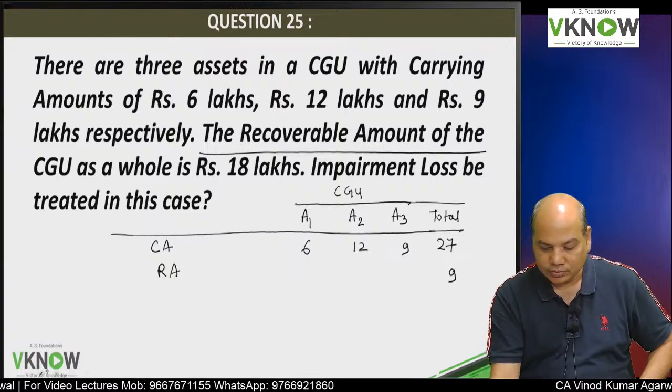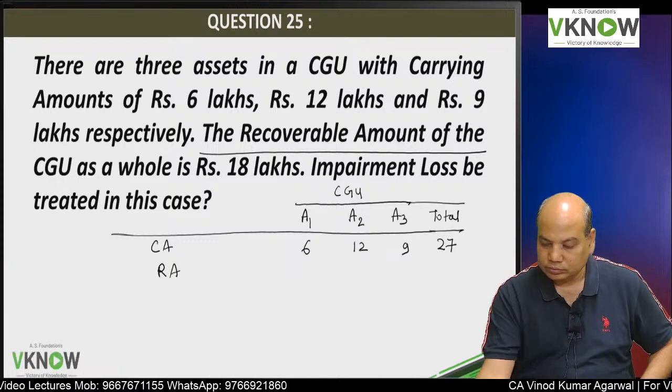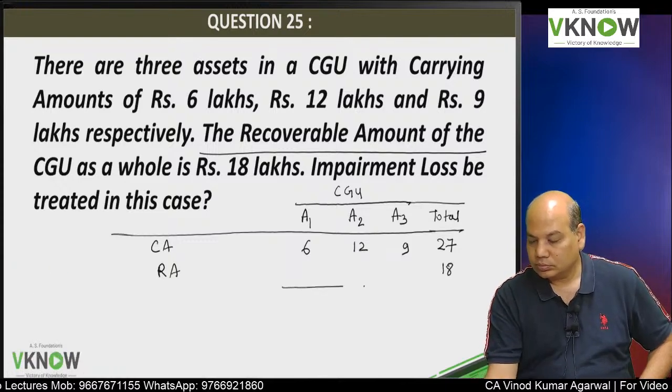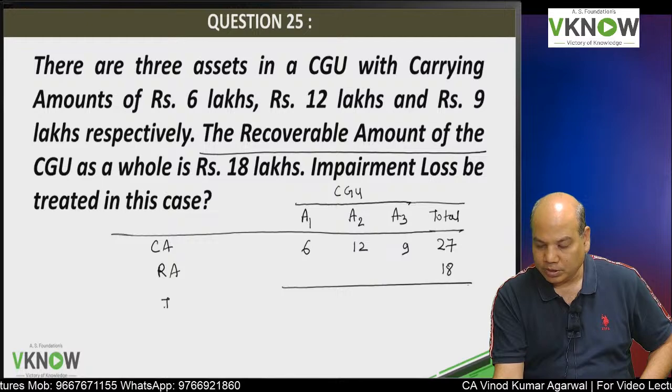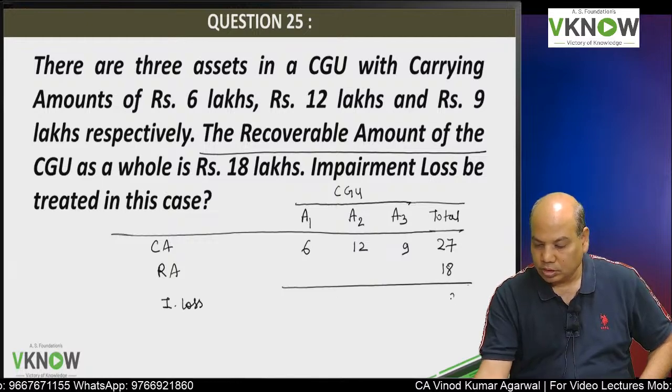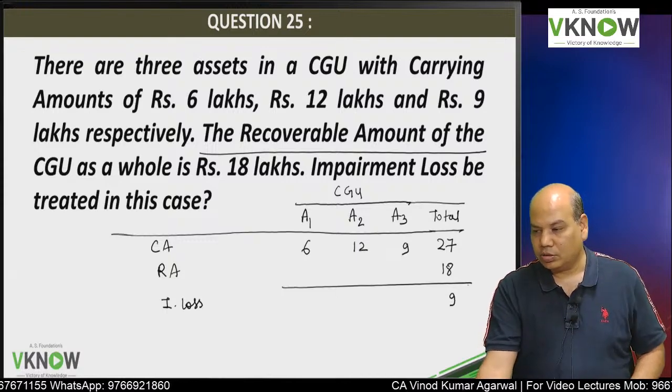Recoverable amount is 18. So what is the impairment loss? 9. Impairment loss is 9.